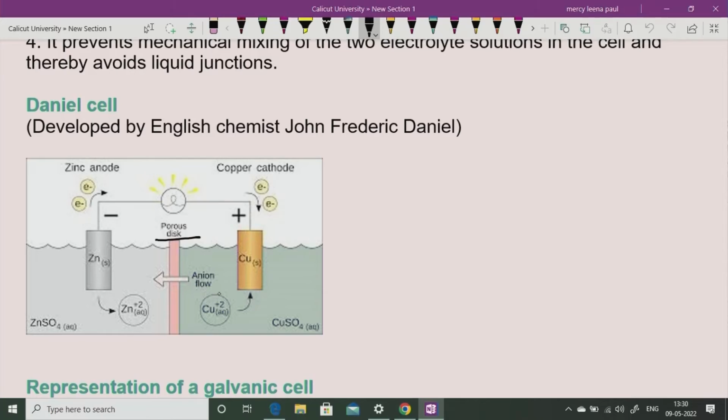Now, here the difference is that you will have to keep on changing the electrolytic solution, because the copper ions will be completely consumed, and you will not have the copper sulphate solution for a longer time. So, that is the difficulty in such cells, and this is the first voltaic cell, the Daniell cell, which was discovered by Daniell.